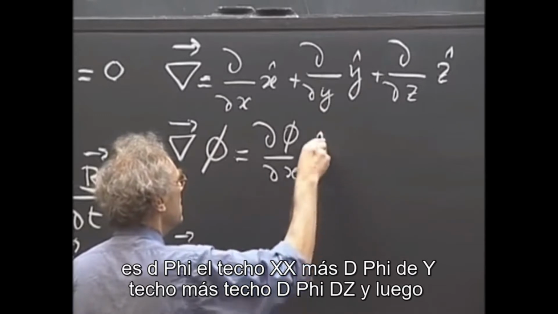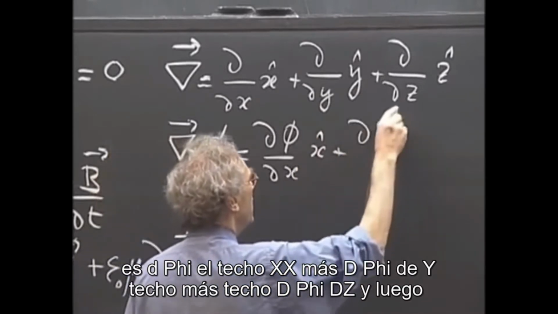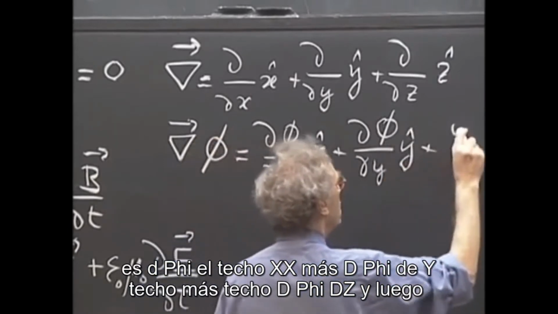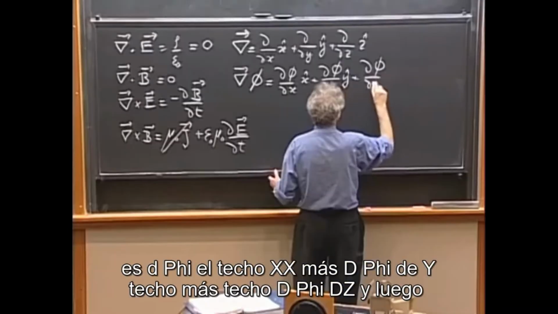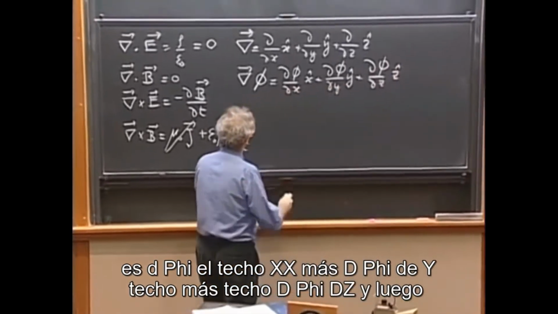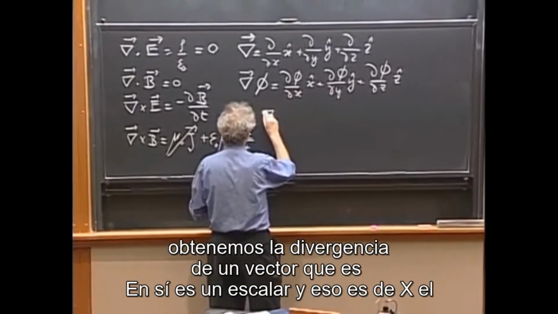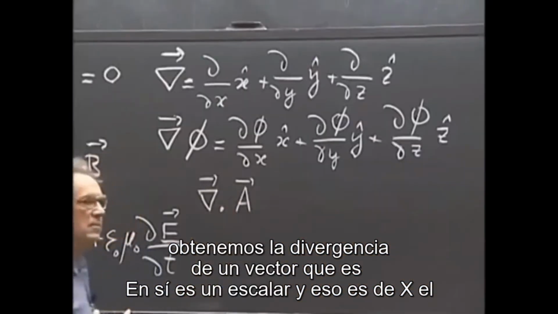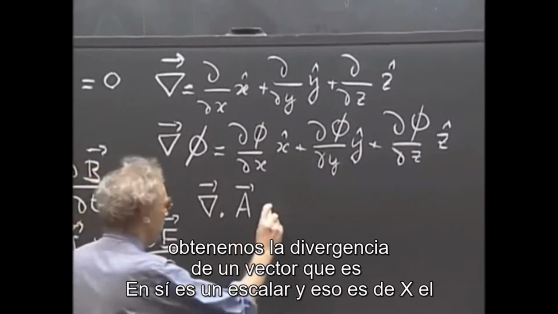That's a vector. That is d phi/dx, x roof, plus d phi/dy, y roof, plus d phi/dz, z roof. And then we have the divergence of a vector A.